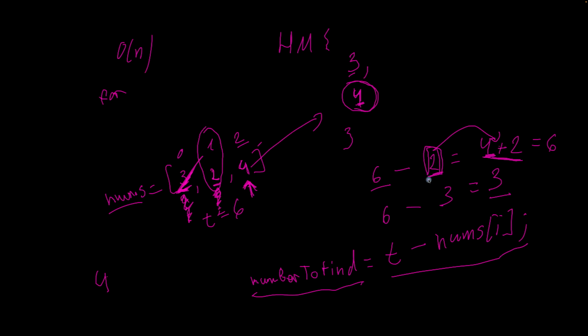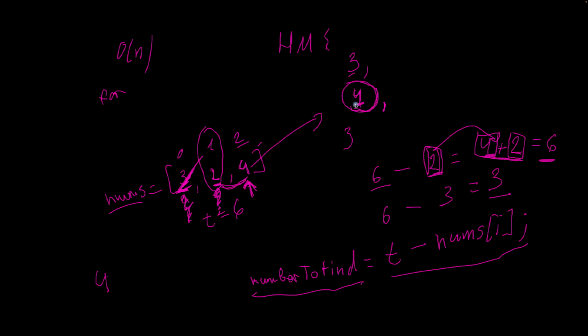But in the map we have put the value from subtracting the target from the current value, and you can see if we move the 2 here, this is our second element, right? 4 and 2 lead us to 6.